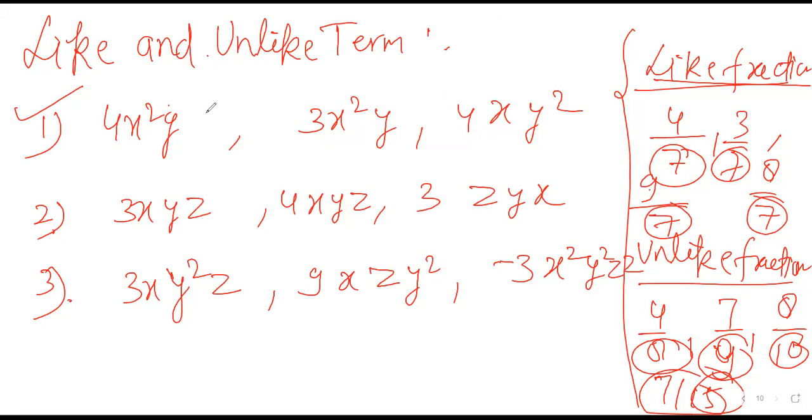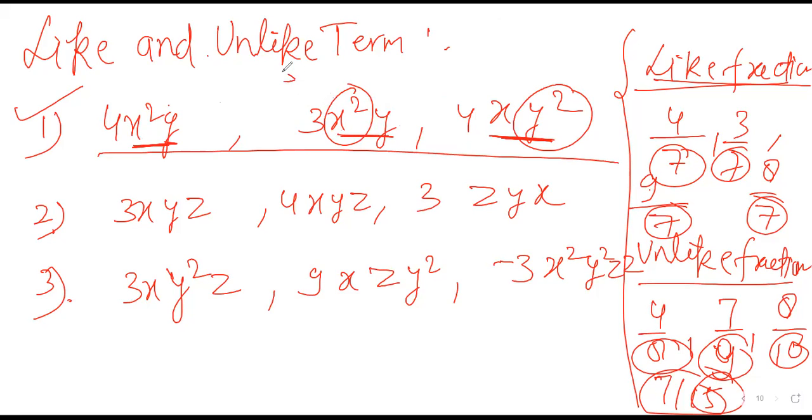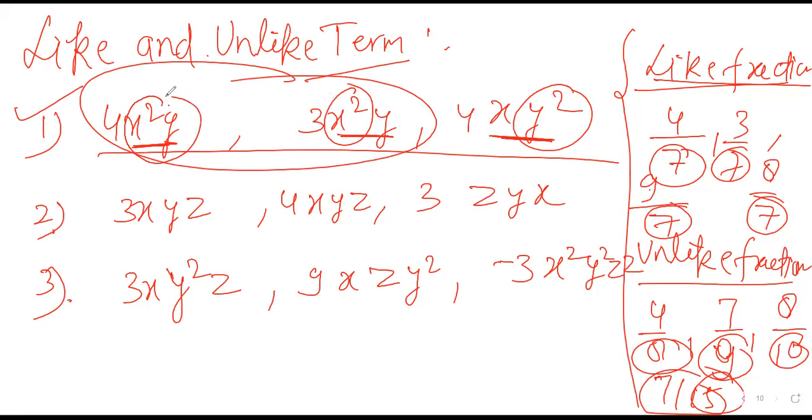In which variables the powers will be there. Look at them. x square y, x y square. Here the y power is 2, here the y power is 2. They are not like, but this one is like, because the variables' powers will be the same.